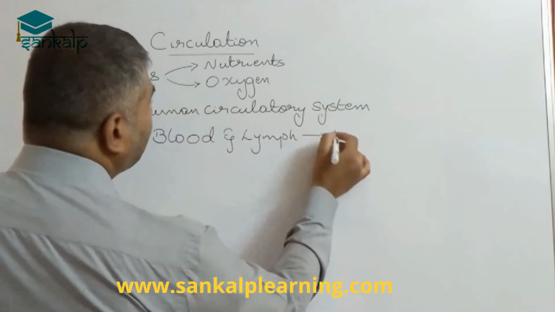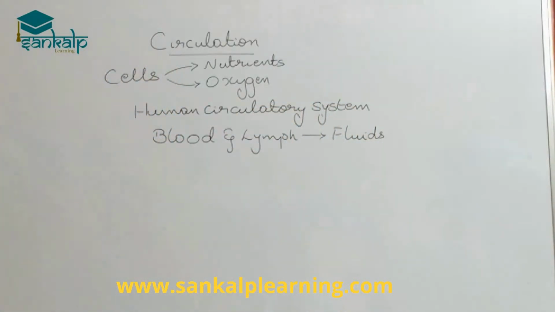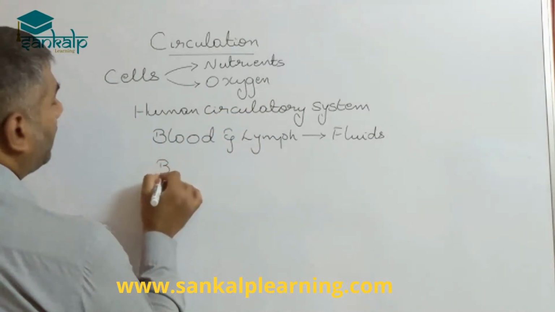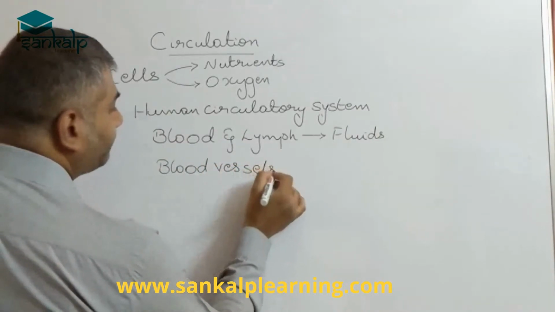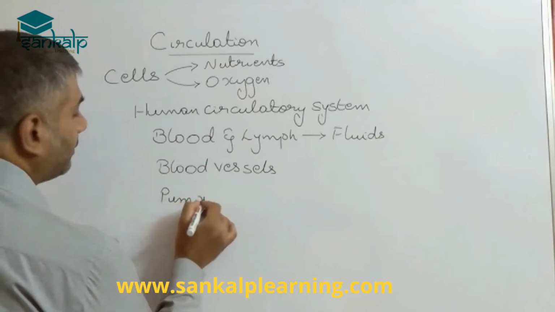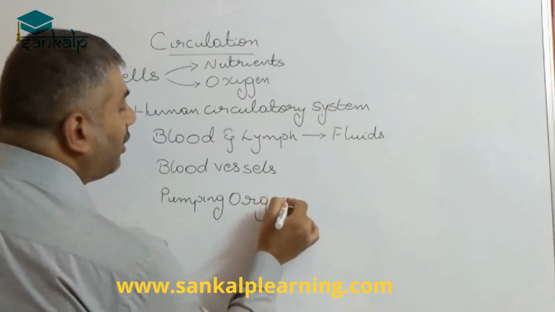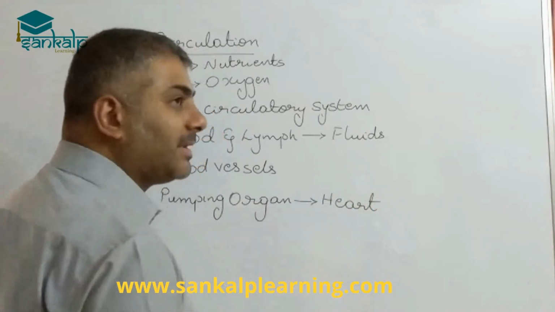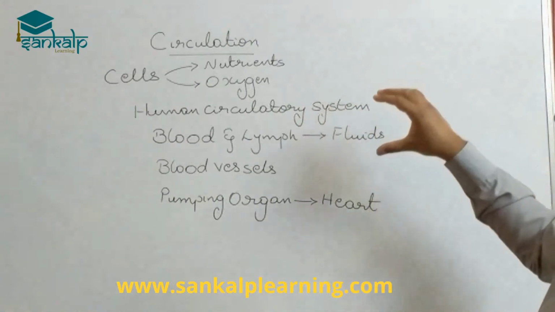Simultaneously, it is also made up of blood vessels, and lastly, a pumping organ, which I call the heart. So these are the three components of the human circulatory system.